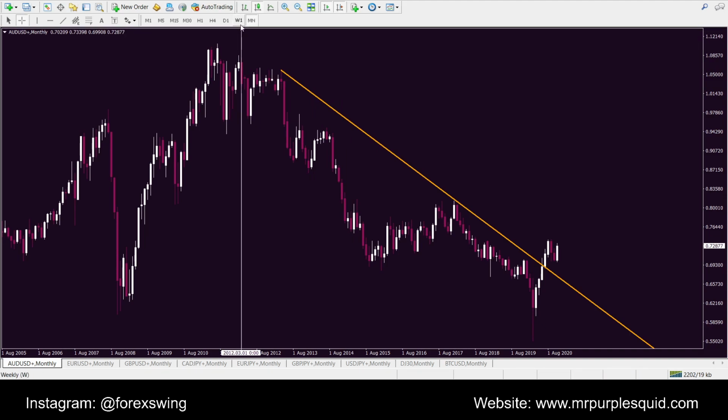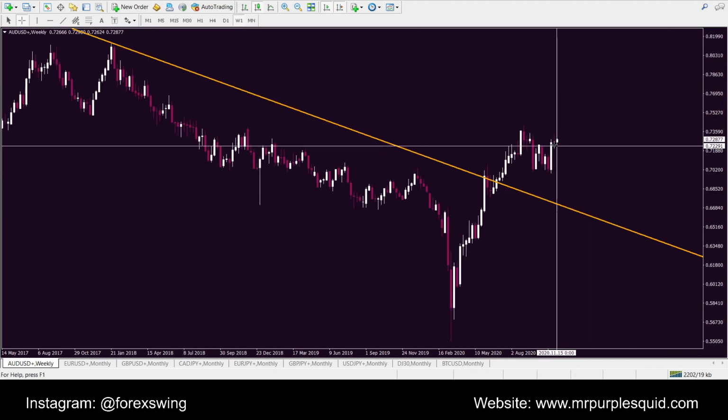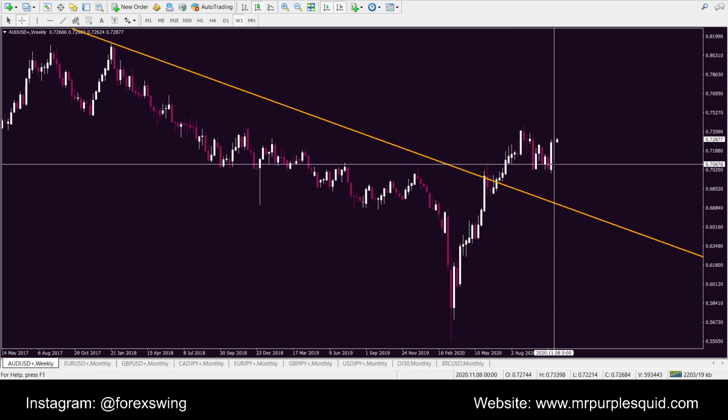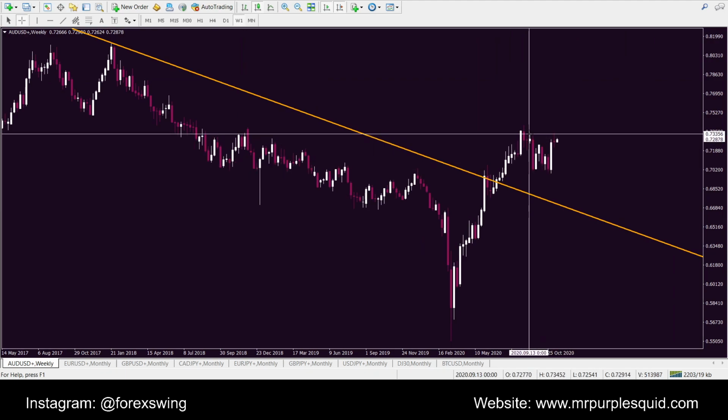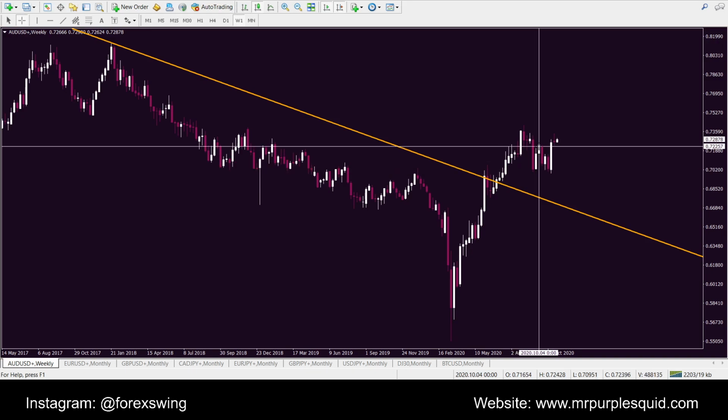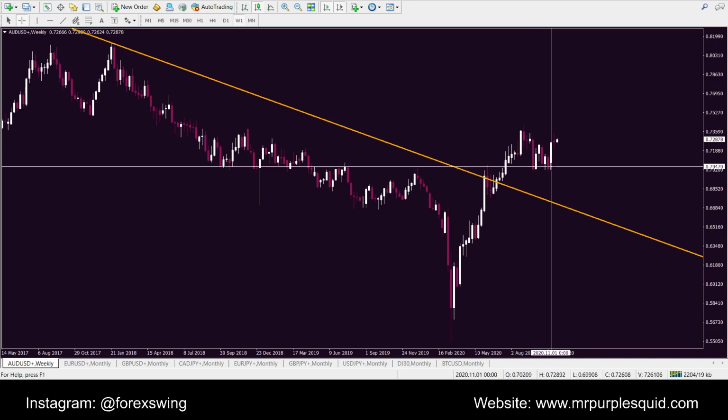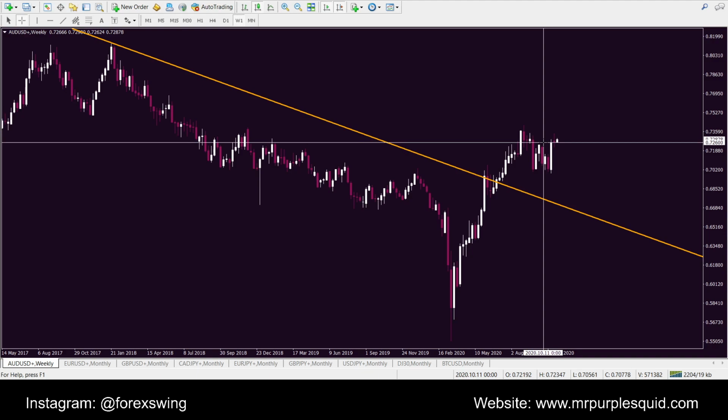So moving on to the weekly again, you can see it a little bit clearer, as in price came down, found support, went back, found support again, and now broke the previous resistance.